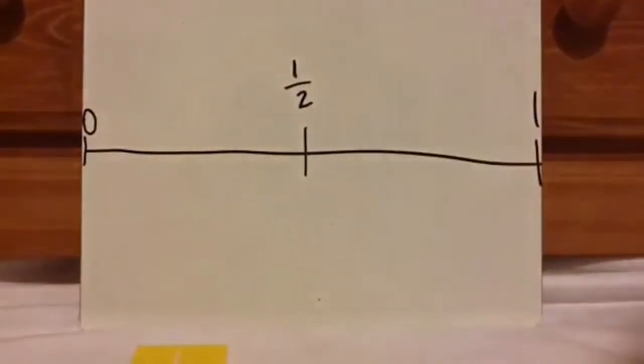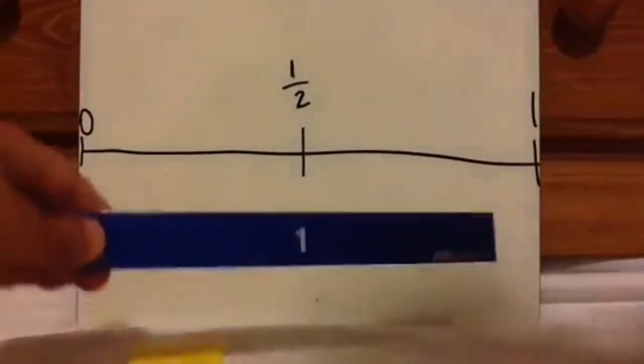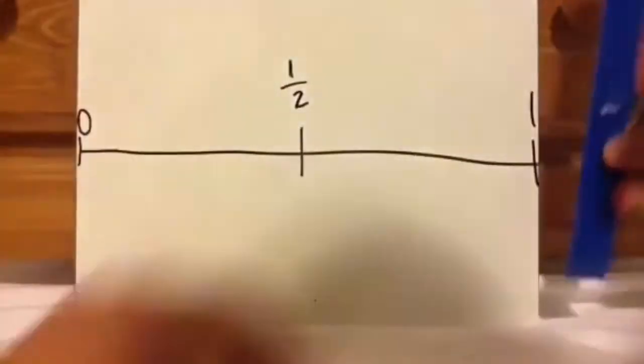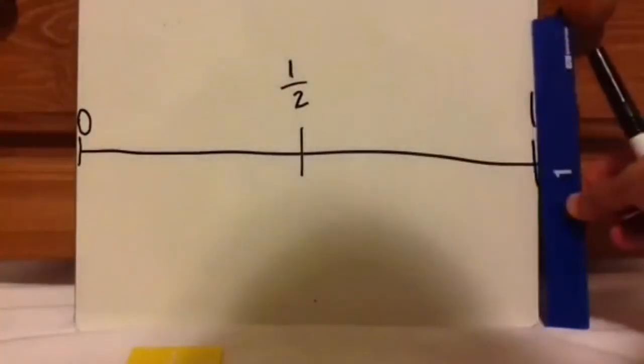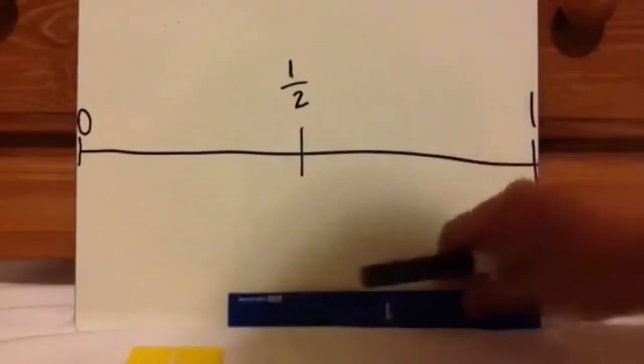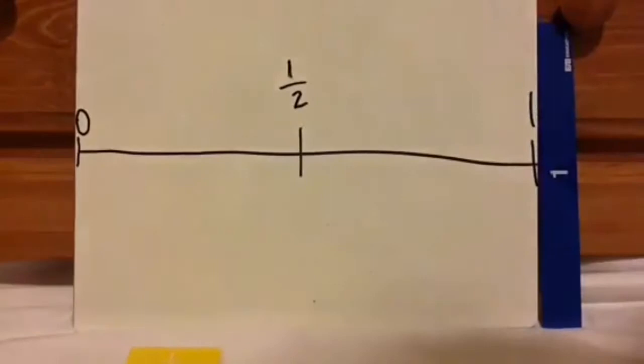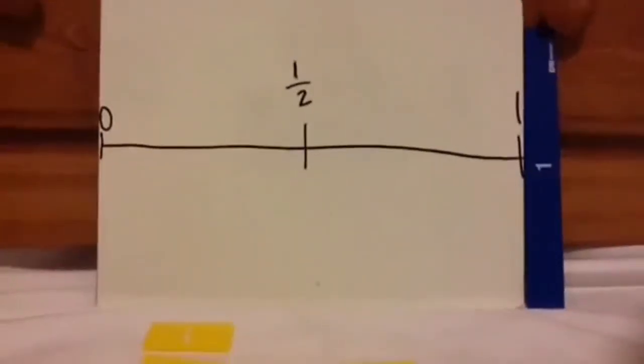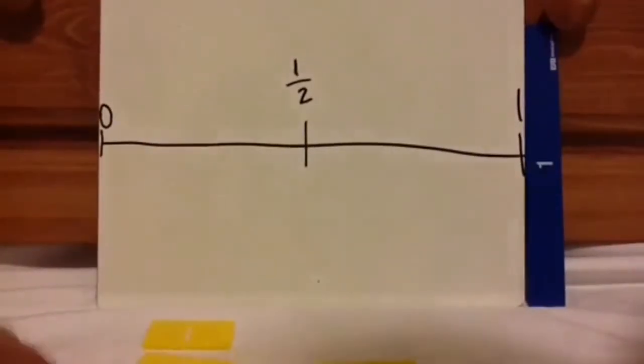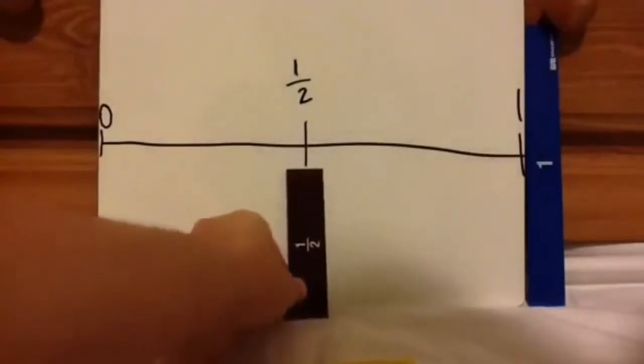It's cutting something in half. So then this 1 whole bar here would be right here. So I'm going to put that right next to that. And I'm going to put my half right here.